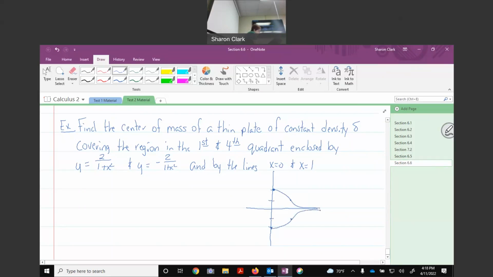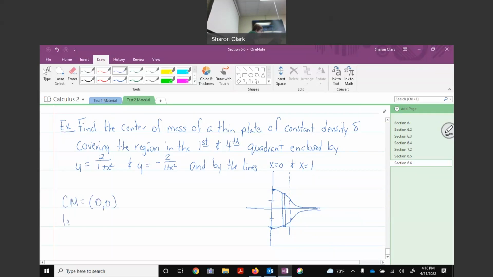Okay, so there's my picture, and we're looking at this region here. We're going to draw one of our strips. Overall, center of mass we predict to be 0, 0.